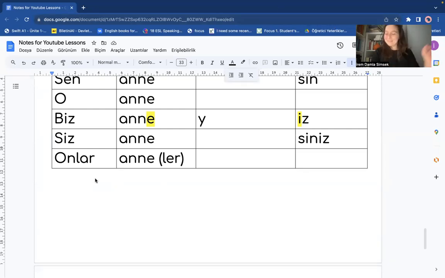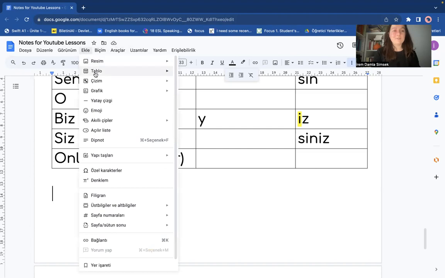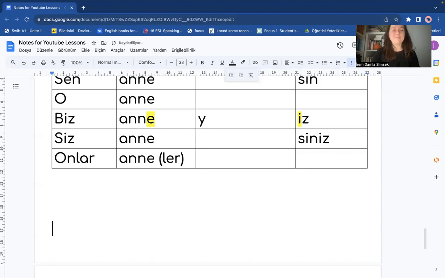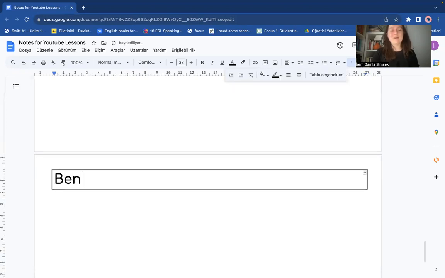I'm back. So we were talking about words that end with vowels. Let me check my notes. Let's write one more. I start with writing pronouns. It's my usual now.